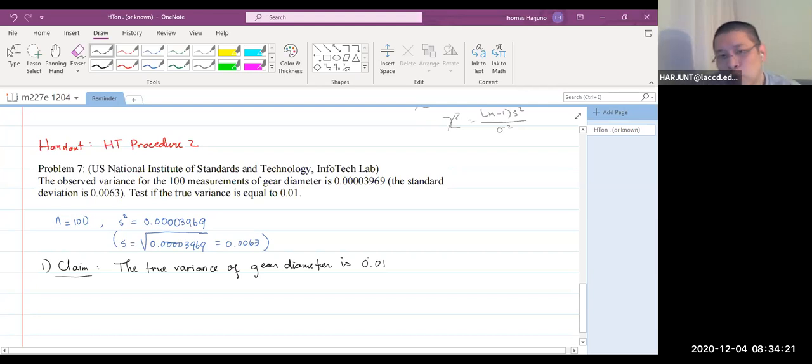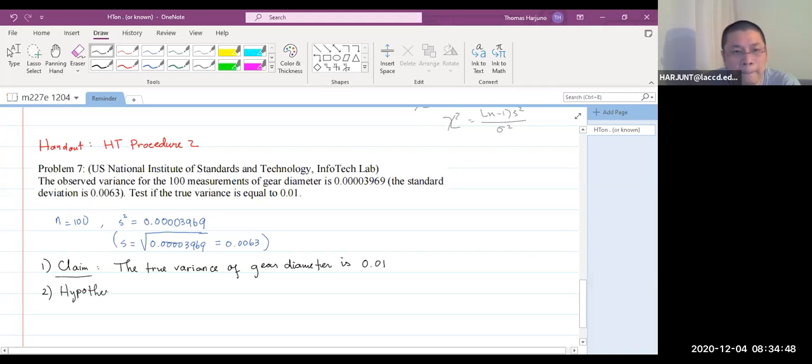Of course, what we would like is that when we produce something, we want the variation to be as small as possible. The variance of the product represents the consistency of what we make. So the larger the variance, the less consistency in what we produce.